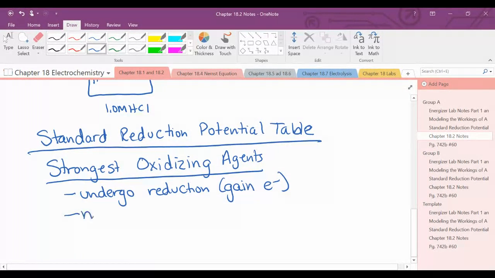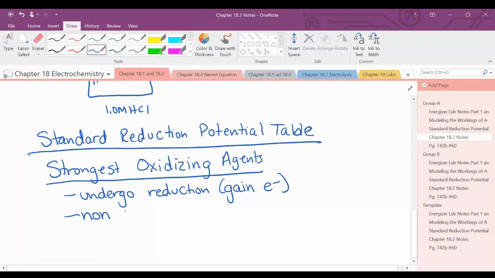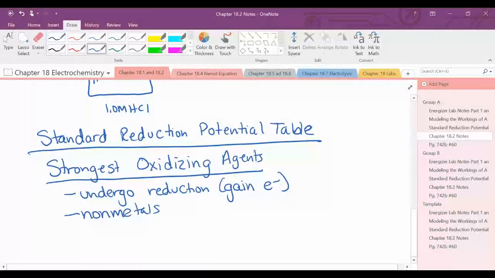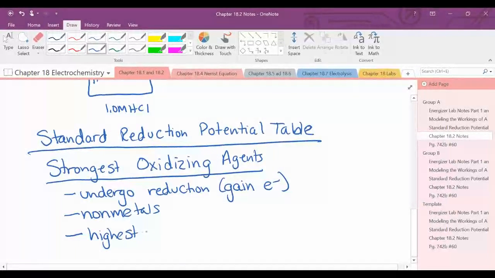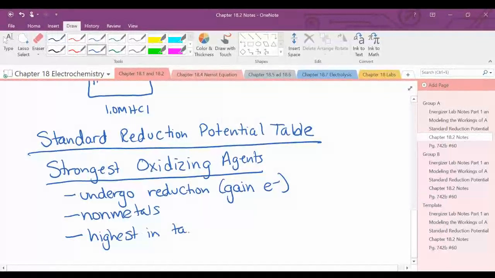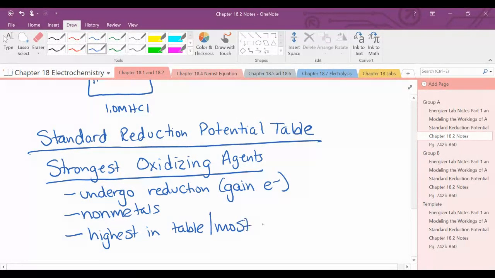These are nonmetals. And if you look at their position in the table, they're the highest in the table. They have the most positive values.